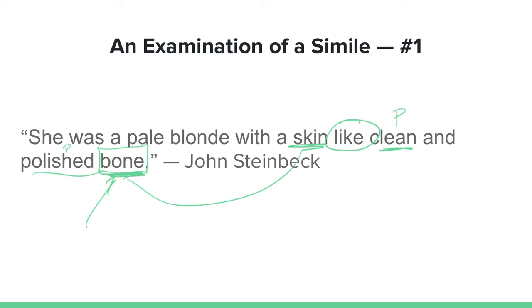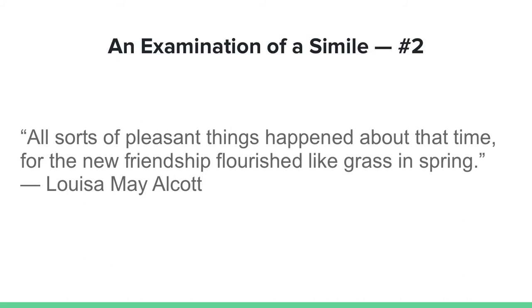Let's look at another one. This is by Louisa May Alcott, the author of Little Women. It says, all sorts of pleasant things happened about that time, for the new friendship flourished like grass in spring. So here is our simile. The new friendship flourished like grass in spring. Obviously, unlike the previous simile, this is very positive. And she's talking about a friendship growing, so she thinks, well, what are things that grow?